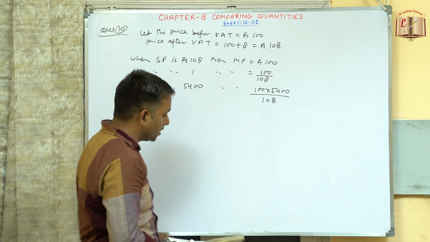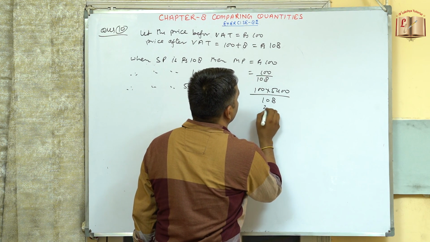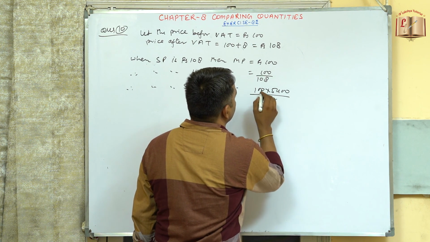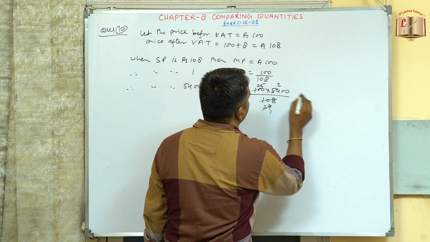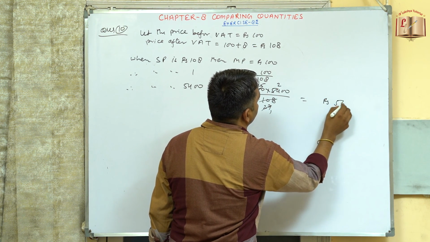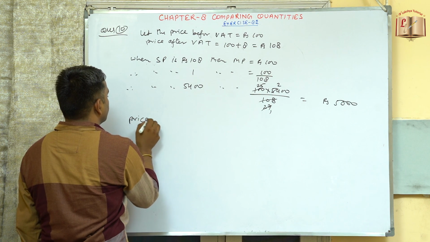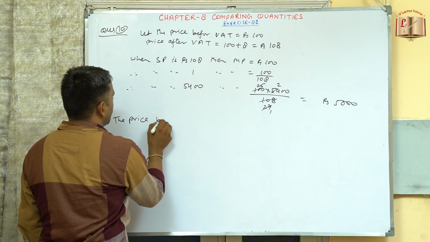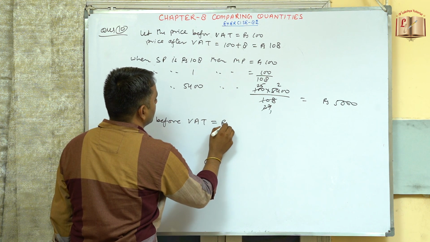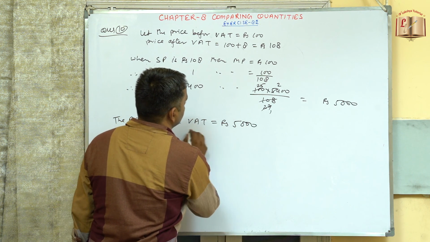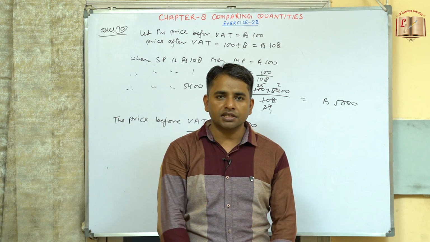Now we can solve this. So 4 2s are 8, 4 7s are 28, and 4 5s are 20, then it is 2 times on multiplying. So this will be now rupees 5000. So the price before VAT is equals to rupees 5000. So with this we have completed our exercise 8.2.